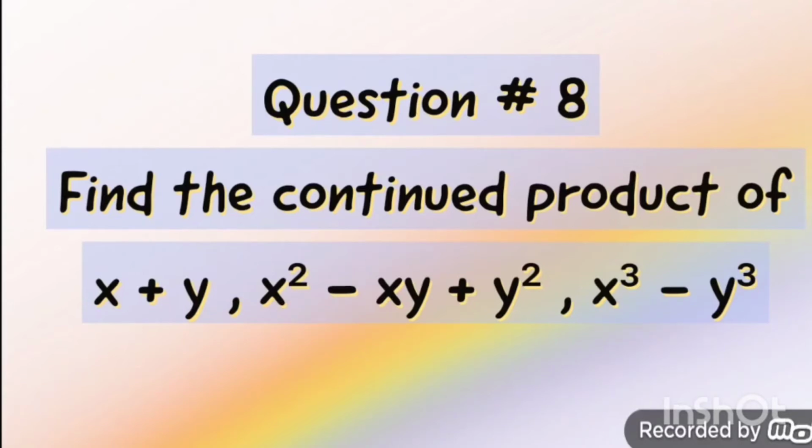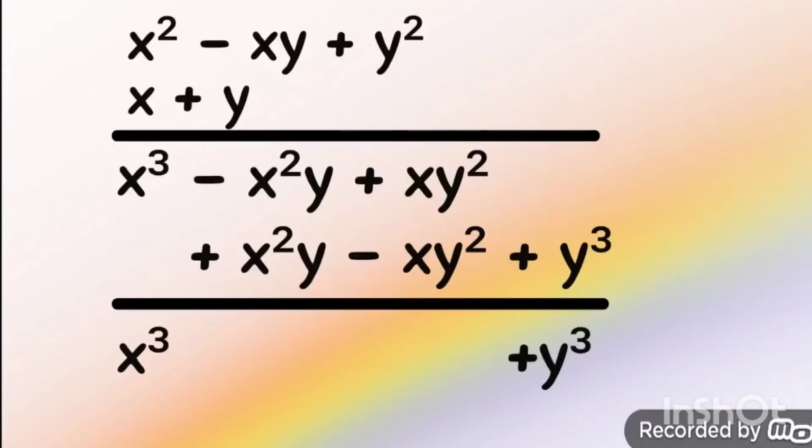To multiply these two polynomials by vertical method, first of all we will write these two polynomials in vertical form. We have written these two polynomials in vertical form. First we will write that polynomial which has more terms and then we will write the polynomial which has fewer terms.